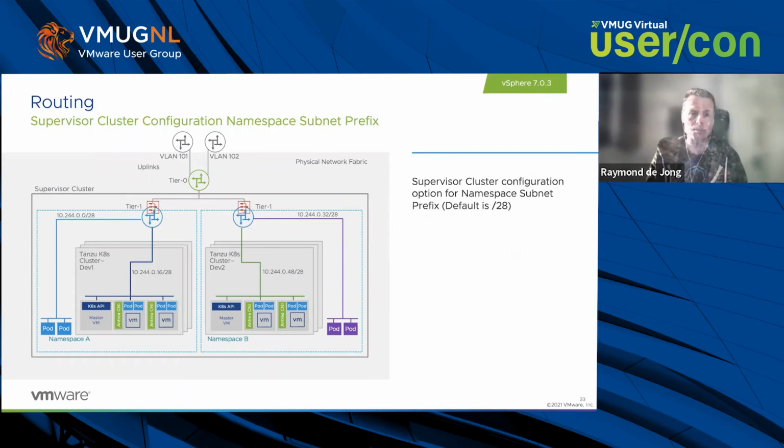And this is obviously about how many nodes, TKG nodes, how many vSphere pods you expect in a namespace. And per cluster level, if you have, let's say, more than 14 TKG nodes in a given namespace all the time, it makes sense to make that subnet prefix a bit larger.